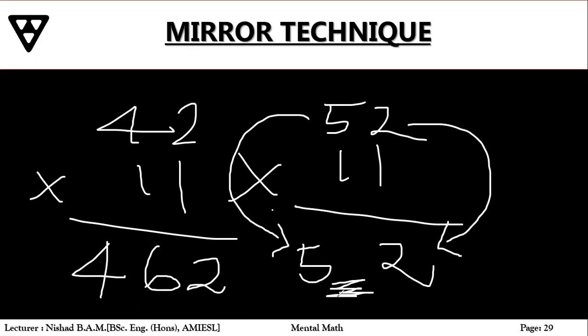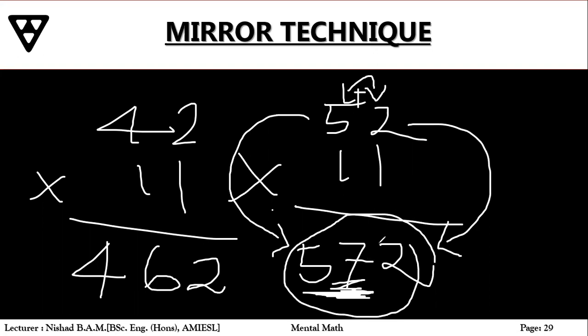And the in-between number, we have to find out which number comes in between these two numbers. In order to calculate that in-between number, it's very simple. We have to add these two numbers together. 5 plus 2, that will be 7, right? So the answer will be 572.